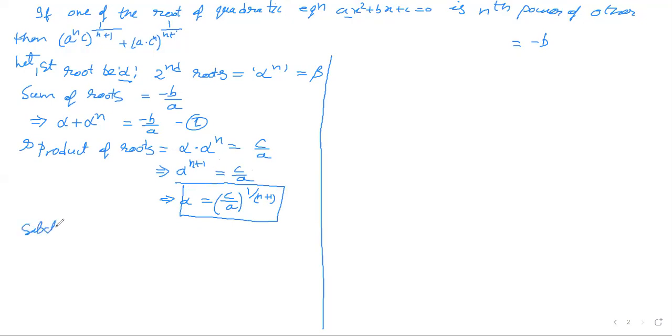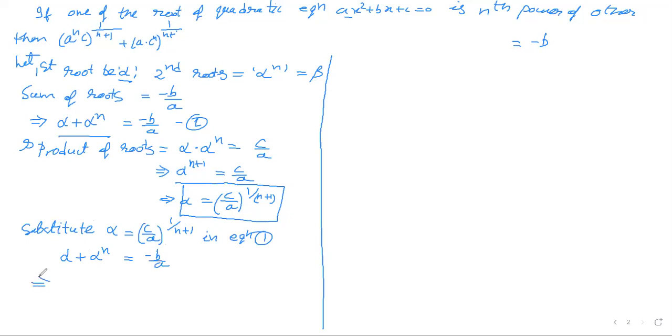Substitute it in equation 1. Substitute alpha equals (c by a) to the power 1 upon n plus 1 in equation 1, that is alpha plus alpha to the power n equals minus b by a.